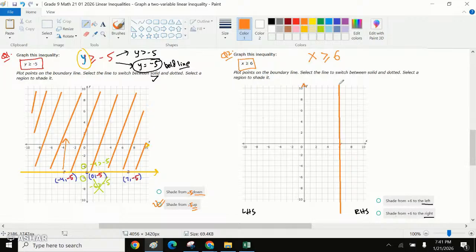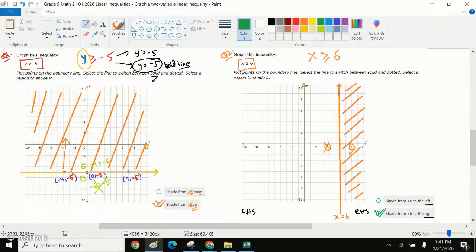This line would be parallel to y; this was x equals 6. Is 8 greater or is 4 greater? 4 is not greater; 8 is greater. So we shade this area where the values of x were greater than 6. Which side should be the answer, left or right? Yes, thank you. It should be the right side.